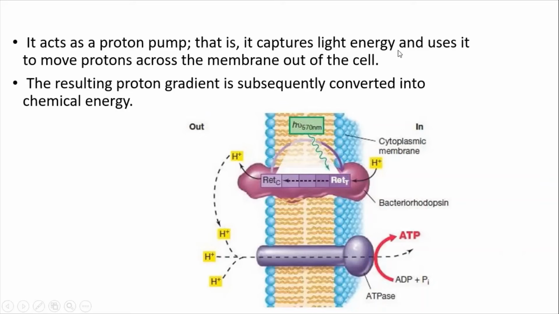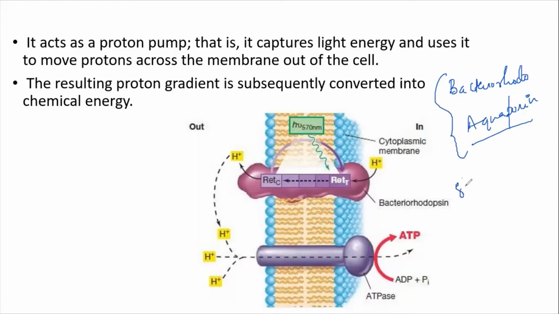The function of bacteriorhodopsin. Now here I would like to suggest you that in the case of bacteriorhodopsin, and another one was aquaporin. Okay, if you remember aquaporin also we have talked about it. If possible, try to make short notes on the structure of these transporters.